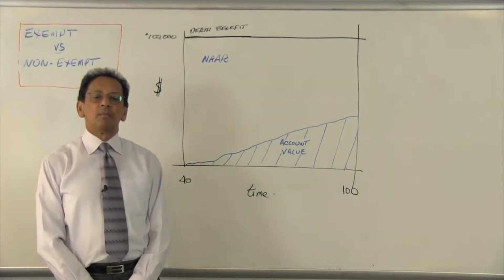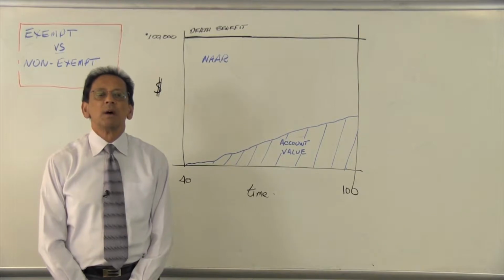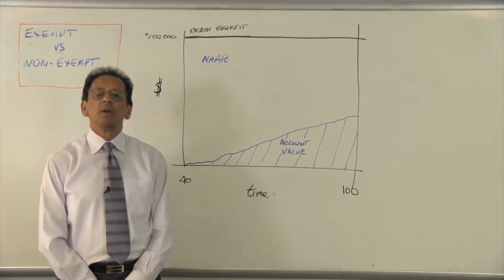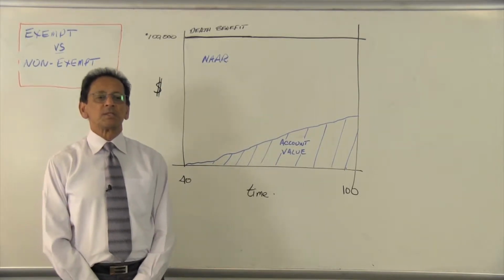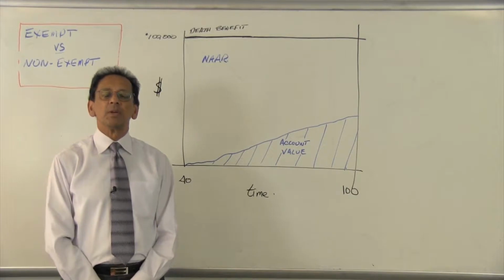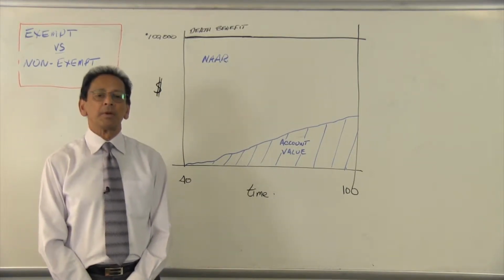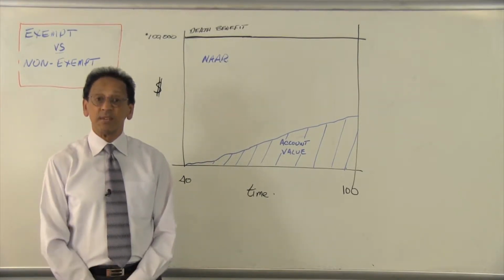In our discussion about taxation of insurance policies, we introduced the concept of an exempt policy versus a non-exempt policy. We talked about policies whose primary objective is insurance, versus policies whose primary objective is to accumulate savings.